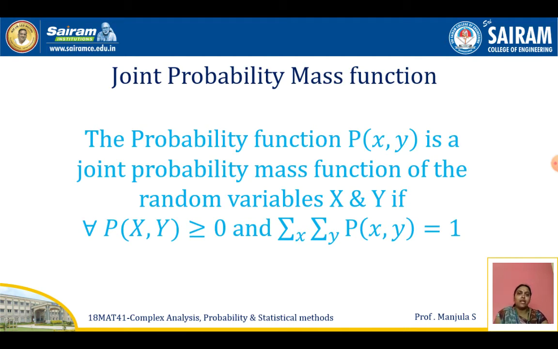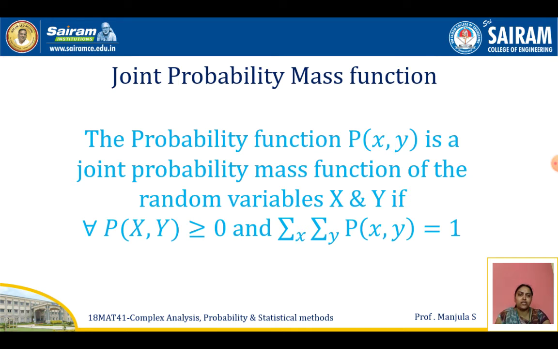Joint probability mass function. The probability function P of x comma y is a joint probability mass function of random variables x and y if it satisfies two conditions. The first condition is each and every joint probability value will be greater than or equal to 0.